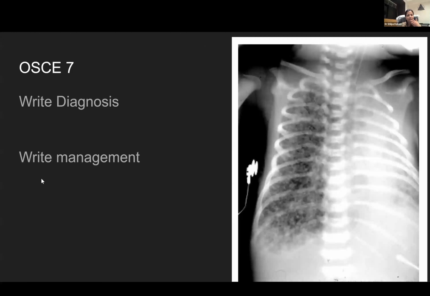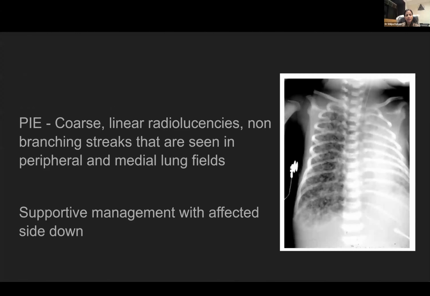Management? Gentle ventilation. HFOV with ventilation. Lung protective strategy. Gentle ventilation. Perfect, perfect. Okay, so this is PIE.